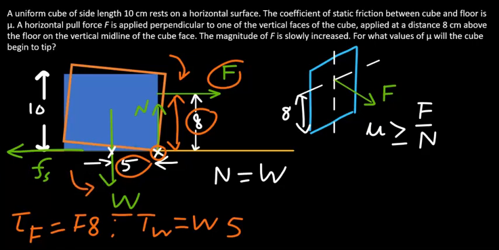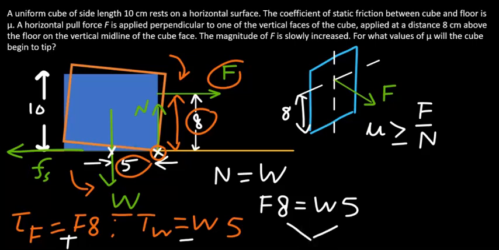So they have opposite signs. If this is a positive torque, then this has got to be the negative torque, such that when they add up, you get 0, according to condition 2 of static equilibrium. So we write F times 8 equals W times 5.